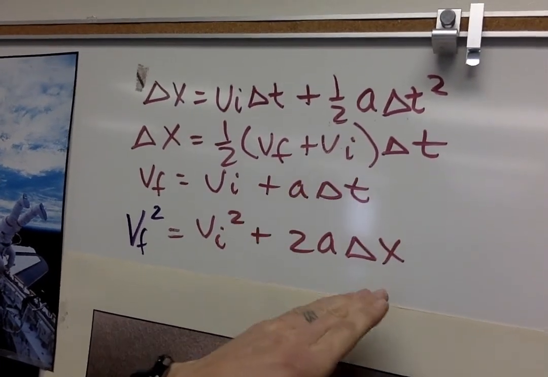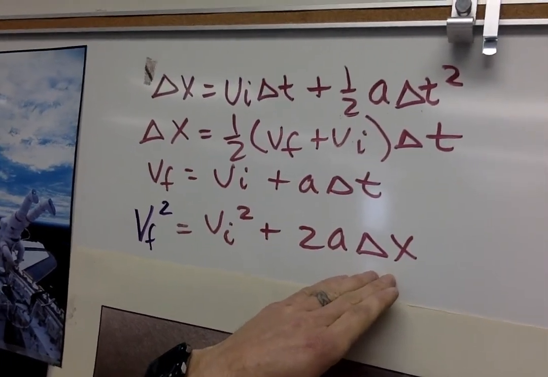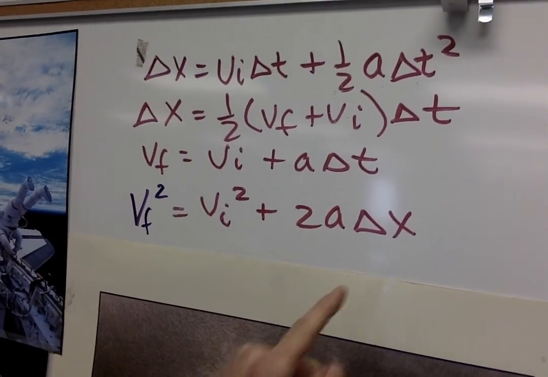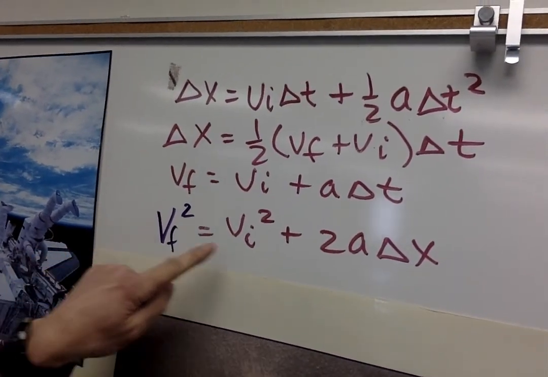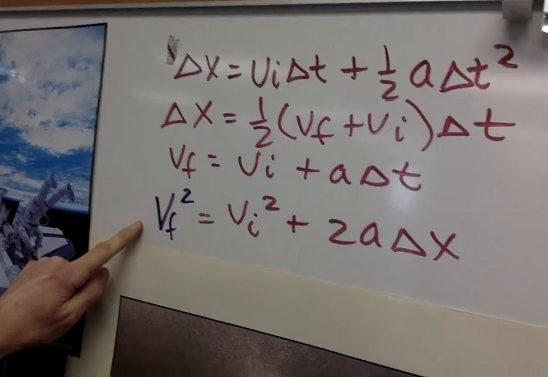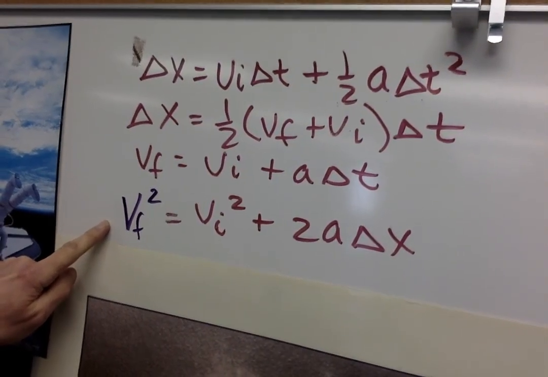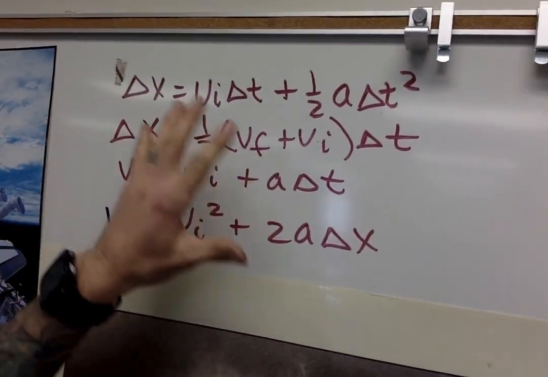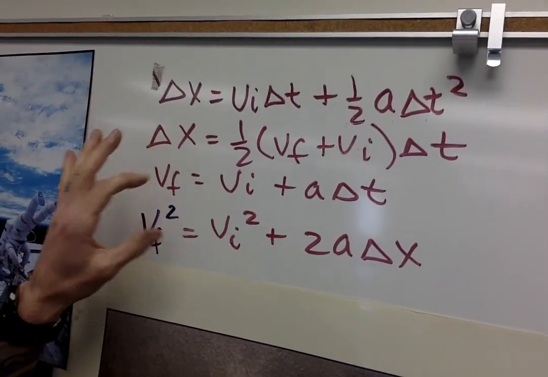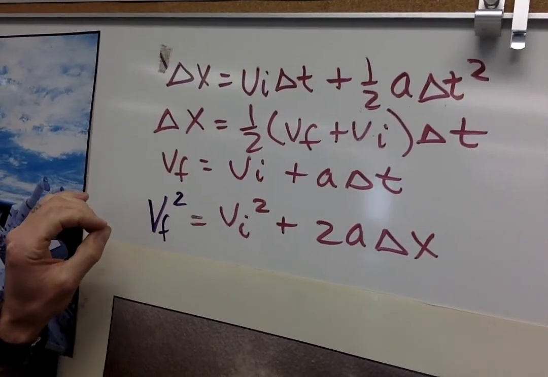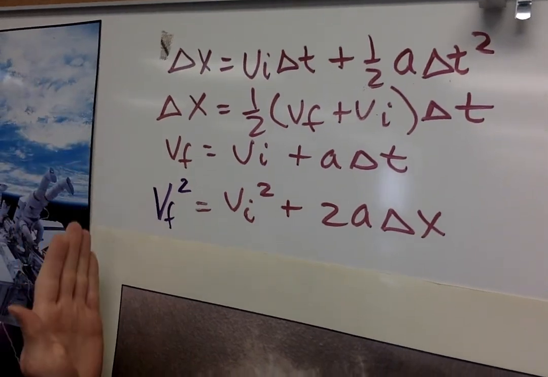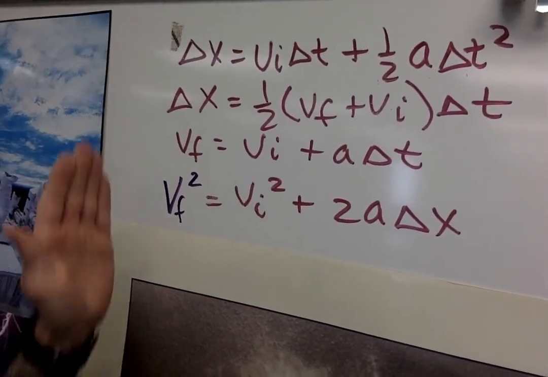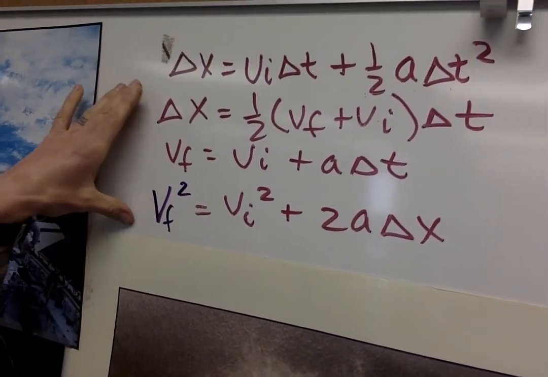Delta t is still delta t. Delta x is called delta y now, change in vertical position. And your VF and your VI are vertical velocities like VYI, VYF. So you could change the notation a little bit to be more specific to projectiles, reminding yourself that we're only dealing with vertical when we're dealing with acceleration.